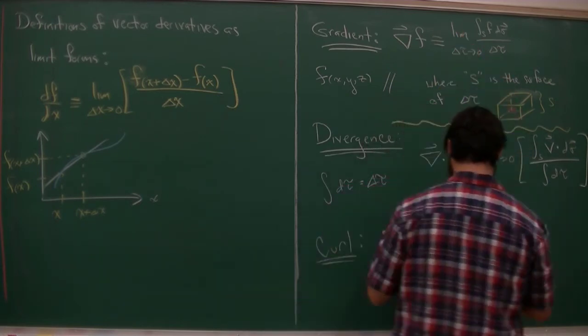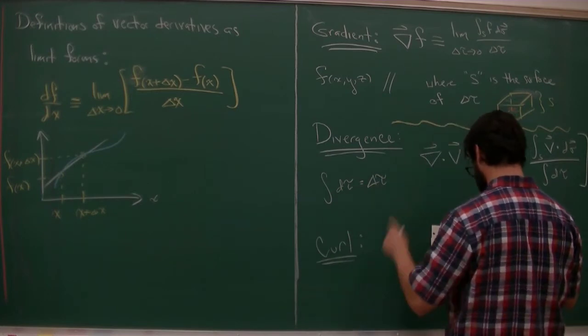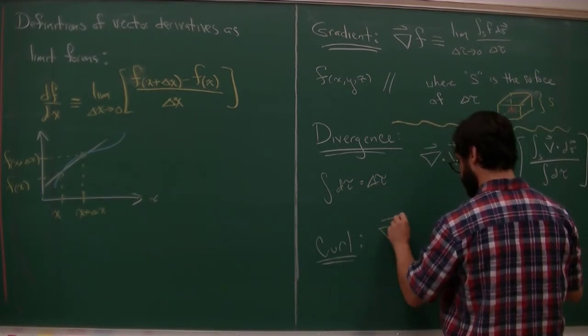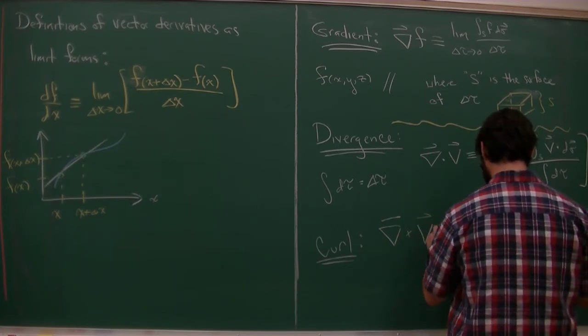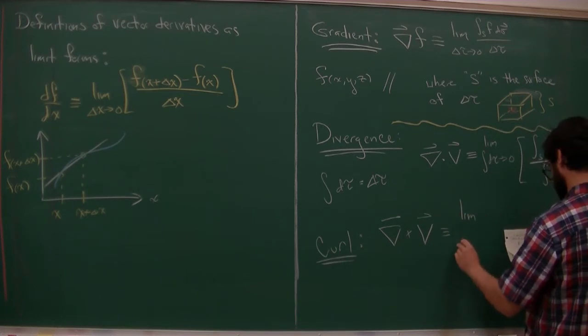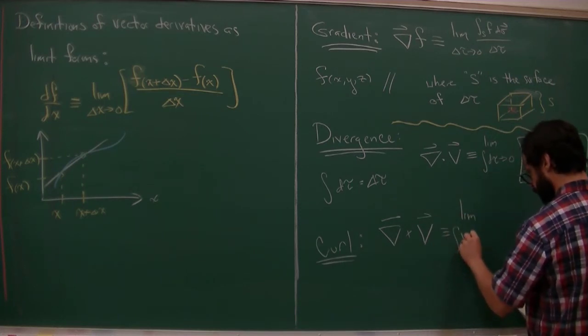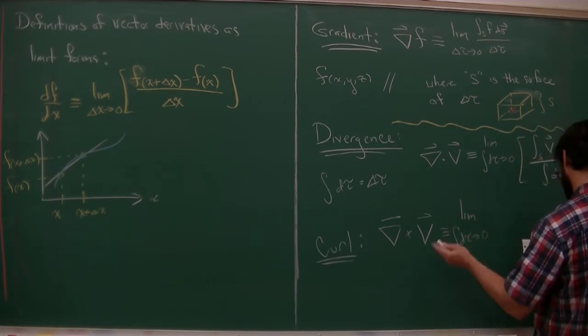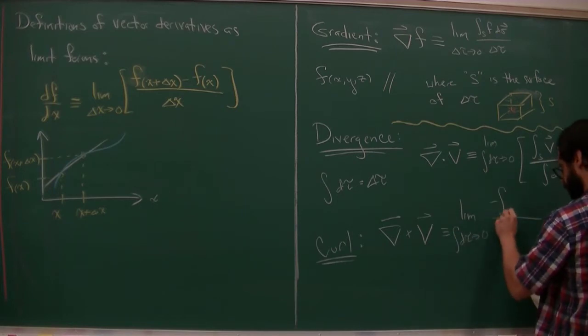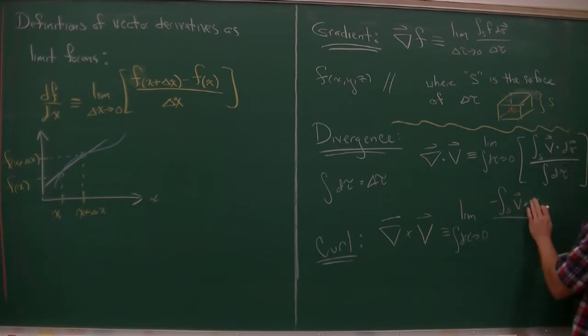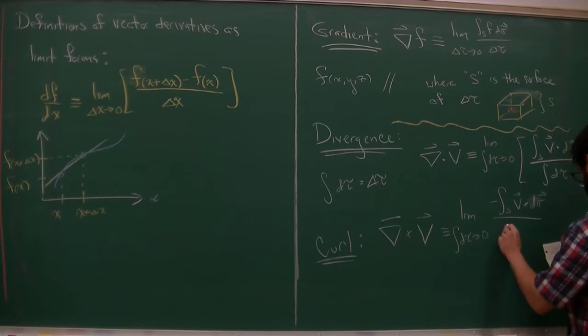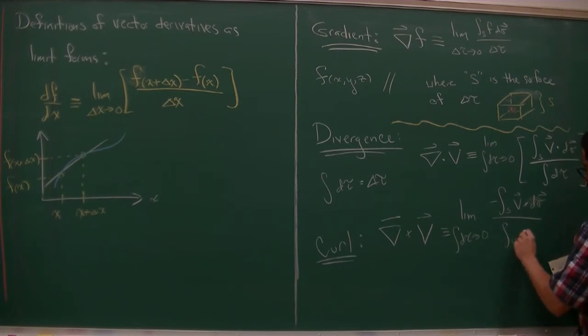And then finally, the curl, maybe the one that you wouldn't guess because of this funky minus sign. So you can define the curl of a vector function as the limit as, again, delta tau or integral d tau, minus v cross d sigma, integral d tau.